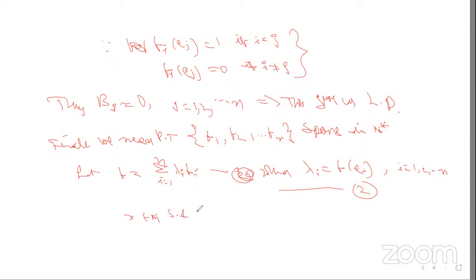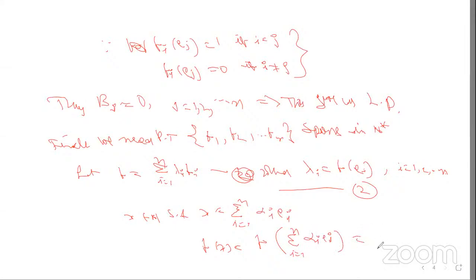such that x equal to sigma i equal to 1 to n alpha i ei. So we'll take f of x both sides. F of x equal to f of sigma i equal to 1 to n alpha i ei.